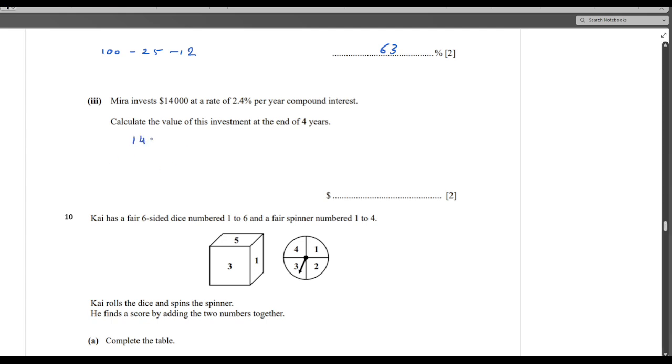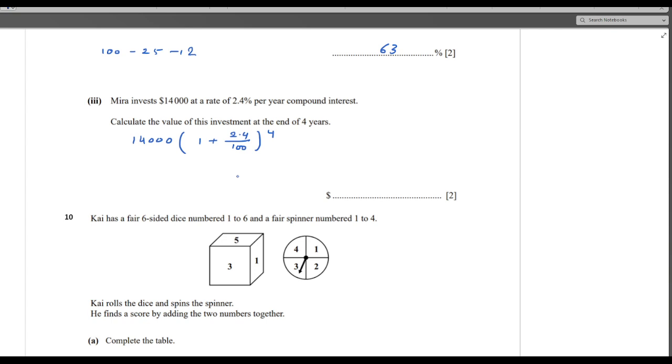So 14,000 you are investing at a rate of 2.4% compounded annually. So your amount at the end of the 4 years will be given by this relation. I will first find 1 plus 2.4 divided by 100, and I will take its fourth power.